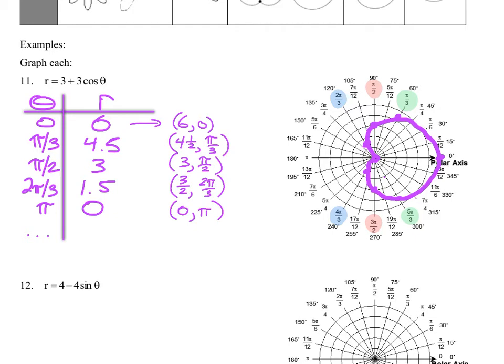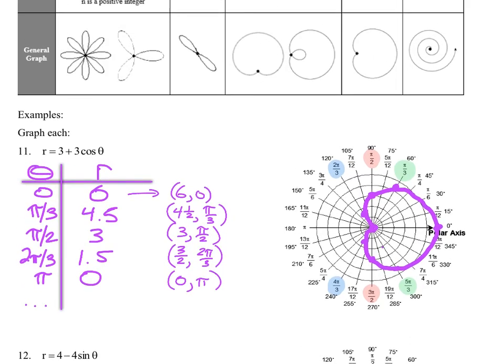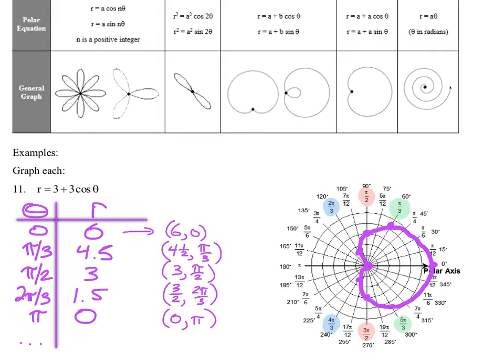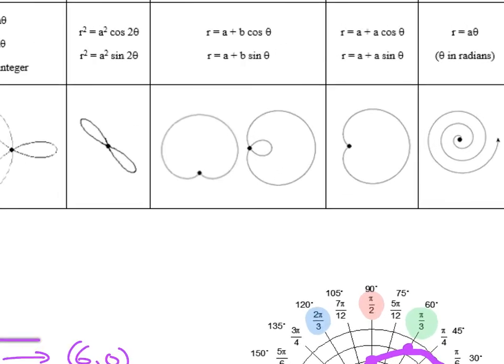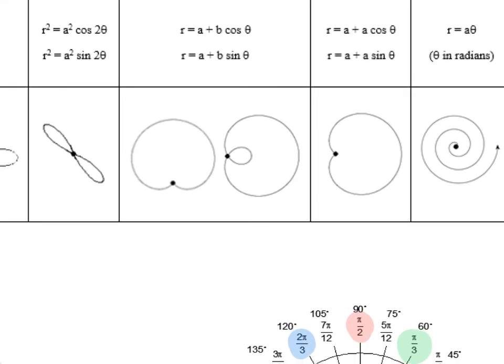You compare it to the table above, and you start asking, what did they just graph, and why is it important? We're looking at different possibilities. I might as well bring it in a little bit because it's hard to see. We have one that talks about a plus a cosine theta, a plus a sine theta, and that's your cardioid. Now you can see that the limacon has similar characteristics, except it requires the coefficients to be different from one another.